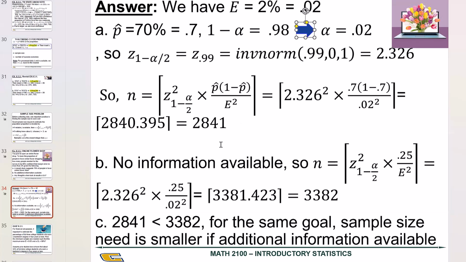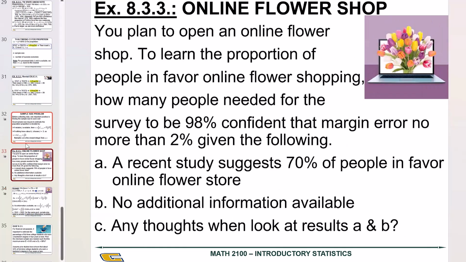And then in B, no information available, so you get the n here. In this case, you just put p-hat as 0.5, a safe bet. And you get 3382 as the sample size you need. So from A and B, you can see that for the same goal, you want to be 98% confident and you don't want the margin of error to go over 2%.